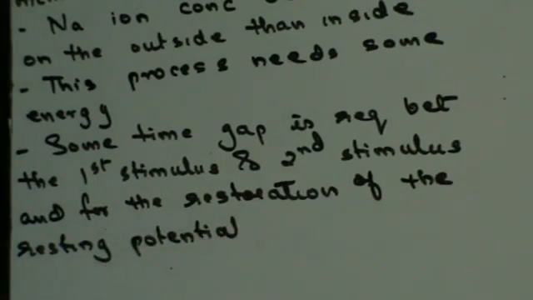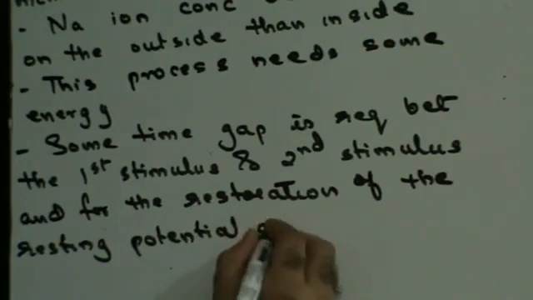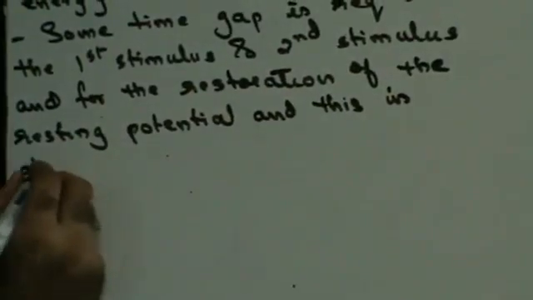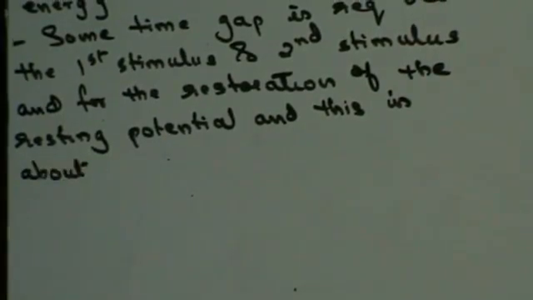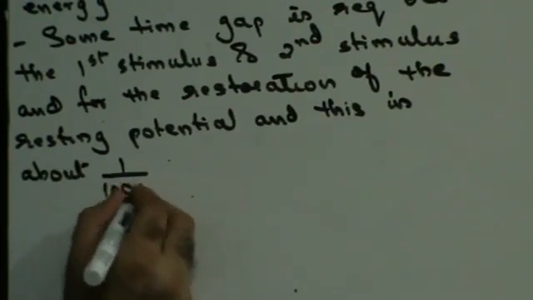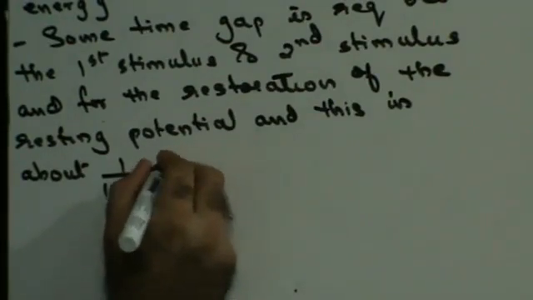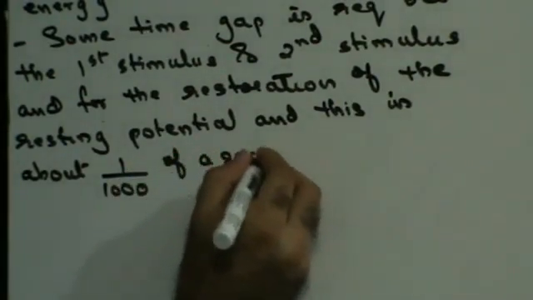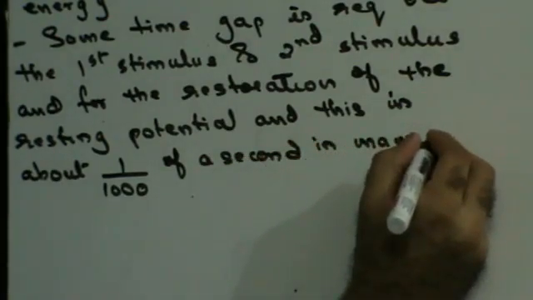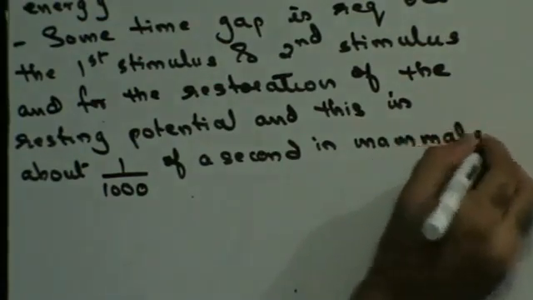For the restoration of the resting potential, the time required for the entire thing between the two stimuli is 1/1000 of a second in mammals. Right?